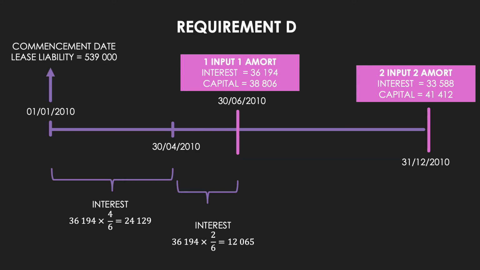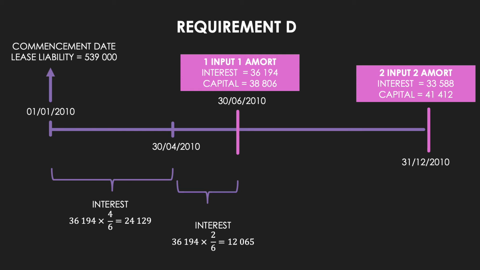Now this interest of 36,194 Rand is the interest for a 6-month period from the 1st of January 2010 until the 30th of June 2010. So we know that 4 months of that period sit within the year ended 30 April 2010. So 4 of the 6 months of that interest relates to that year end, and therefore we need to prepare a journal. So if you take the full interest of 36,194 Rand, times it by 4 months, divided by 6 months, you get that the interest applicable to the year end 30 April 2010 is 24,129 Rand.